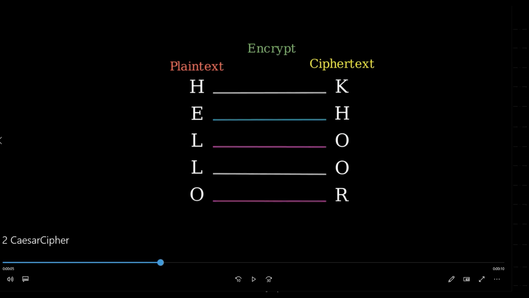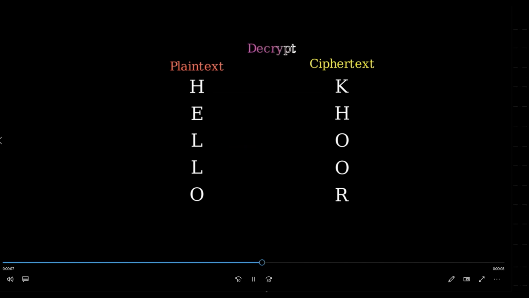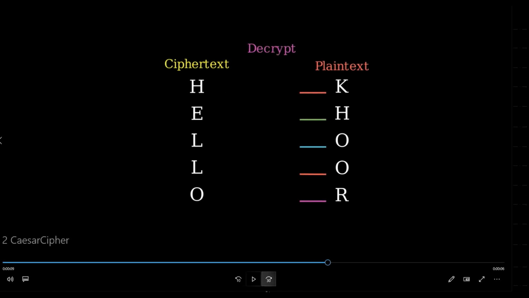It maps H to K, E to H, L to O, and O to R. So this is your encryptor. And the decryptor is a function which is the inverse of the encryptor. So here the ciphertext KHOOR becomes your input.